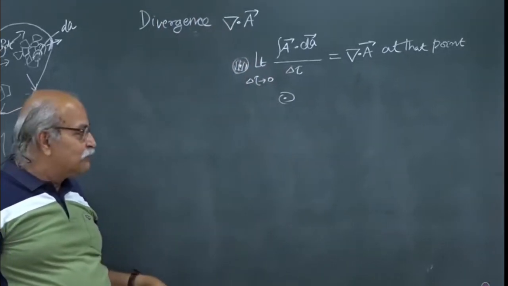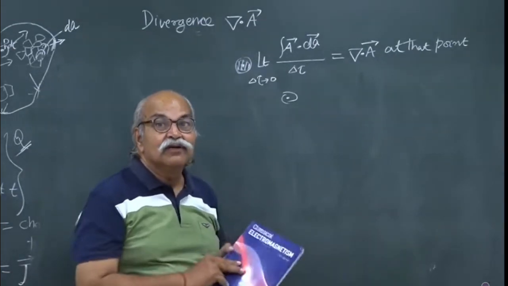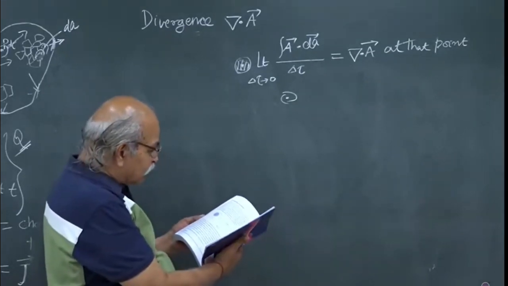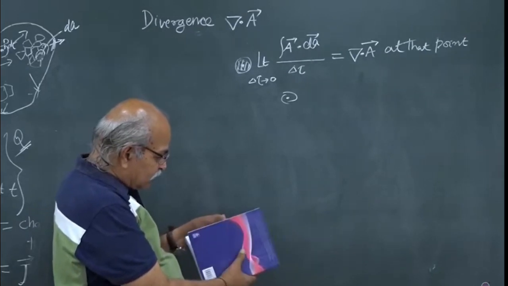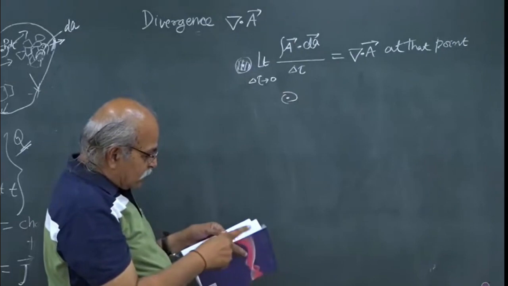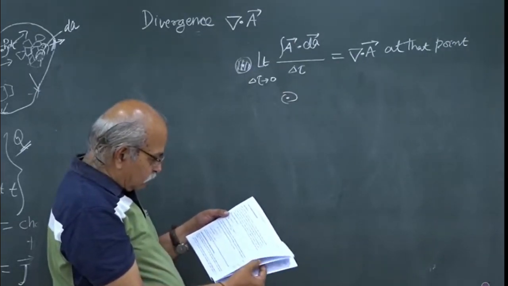But if you are working in some coordinate system, there are expressions for this divergence, so every time you do not have to take the limit. And that expression I can just write from the book.